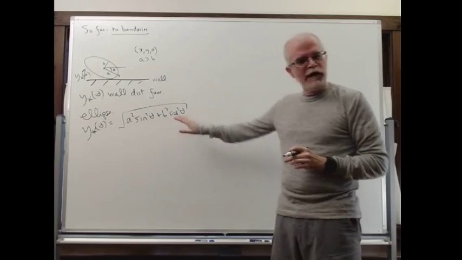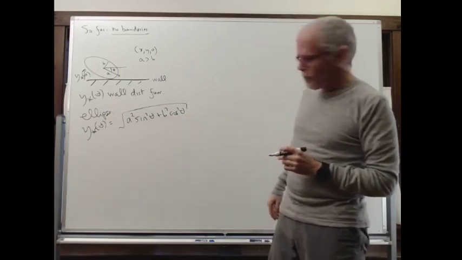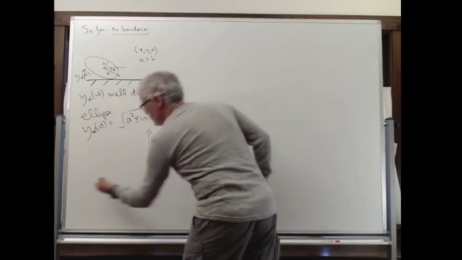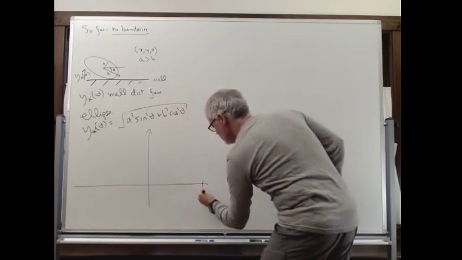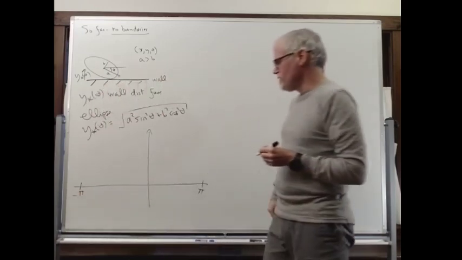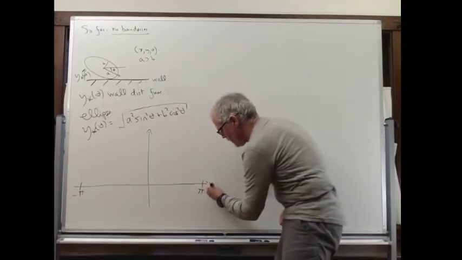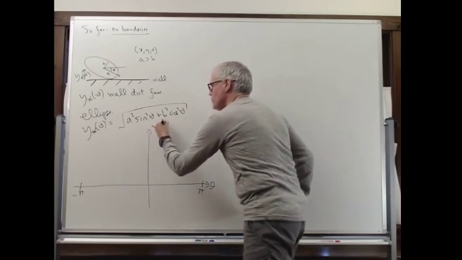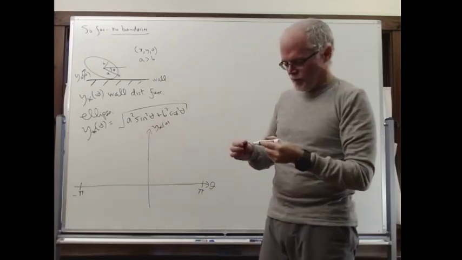Okay, let me just plot this for you, as a reference. What does this look like? The domain in theta is minus pi to pi, and I'm going to plot this y star function here. Let me use a little bit of colored pens.